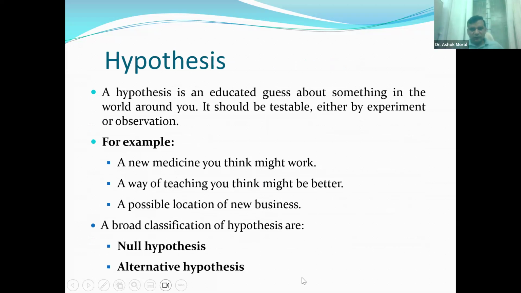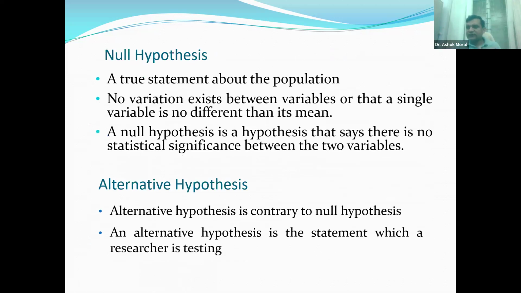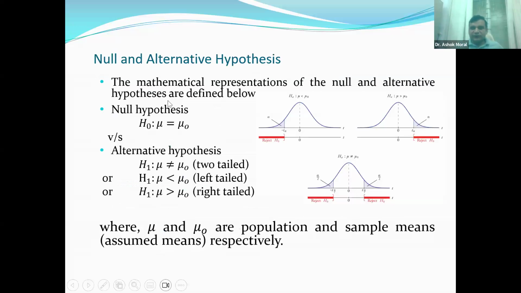Null is the true statement about the population or population parameter. Alternative is just opposite to the null. For the null hypothesis for the mean, mu is the population mean, and this is the assumed mean, mu naught.